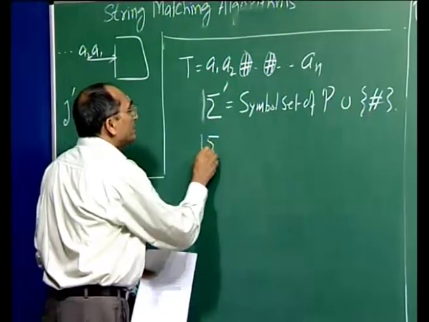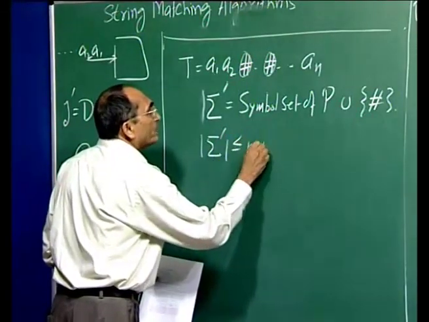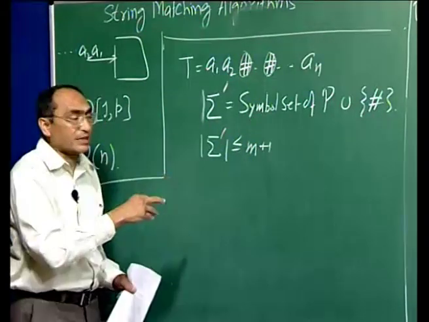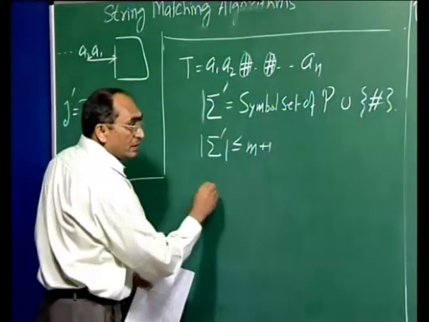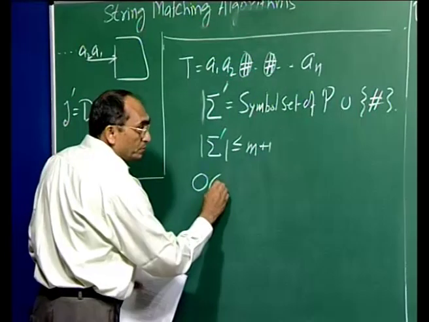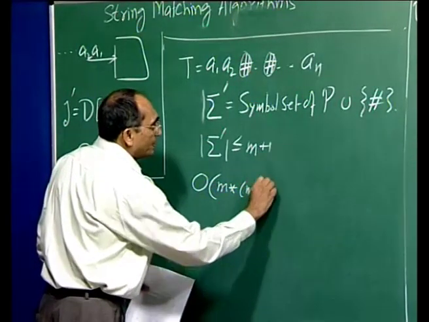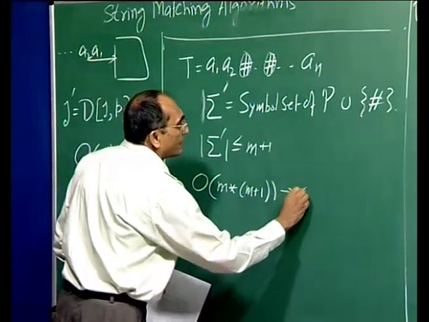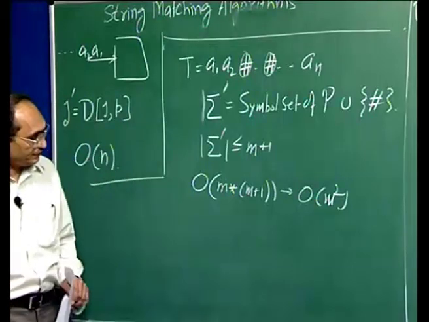So, the size of this is at most m plus 1, because at most m symbols can be present in sigma. That can reduce the cost to m times m plus 1, which is order m square, which is also the cost of computing function f.